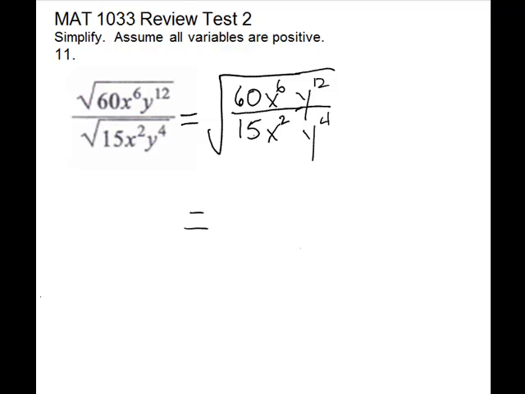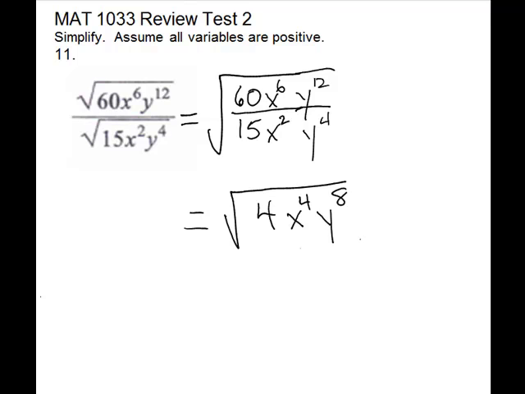So to simplify, 15 into 60 will go 4 times. For the x's, subtract, so 6 minus 2 is 4. For the y's, subtract, 12 minus 4 is 8. And there's nothing left in the denominator.